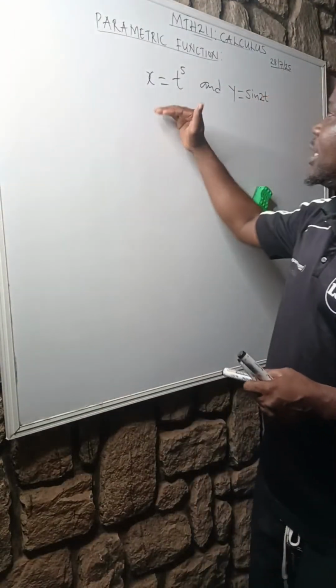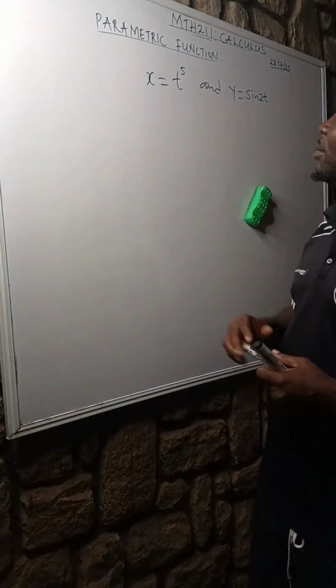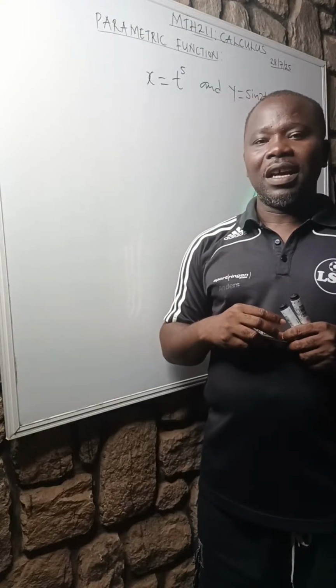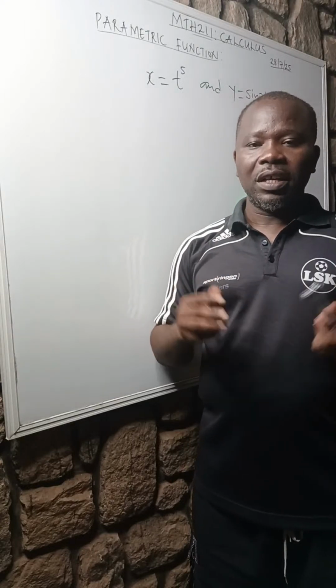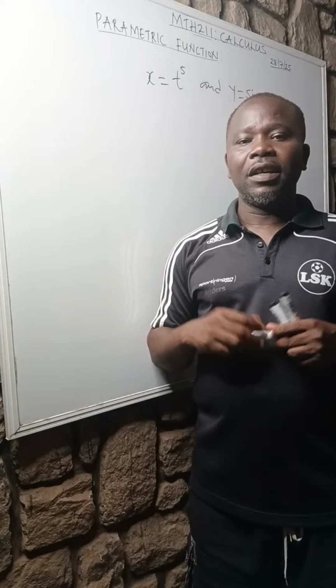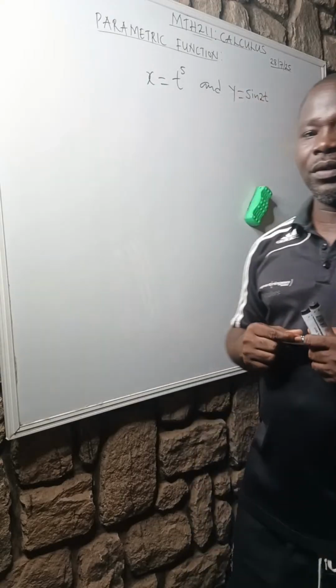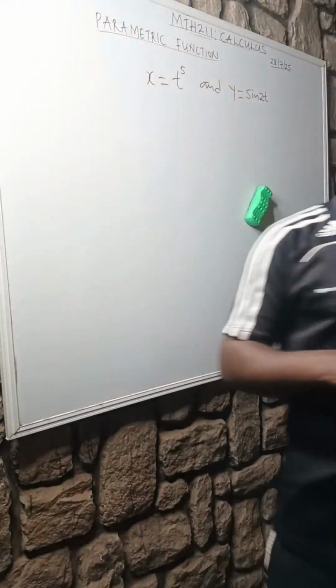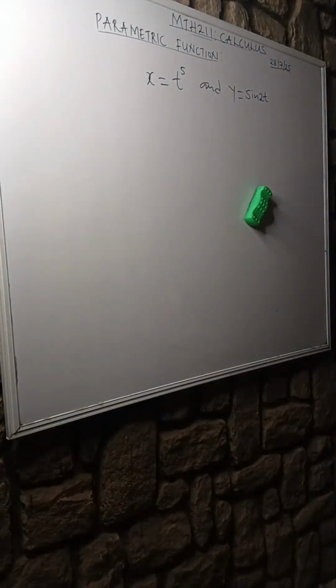They are always in this form and are very easy and simple to differentiate as far as calculus is concerned. If you know the formula for differentiation, I don't think you will find it difficult. Are you following?